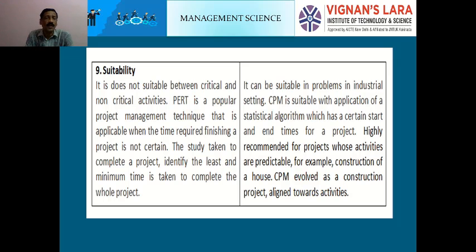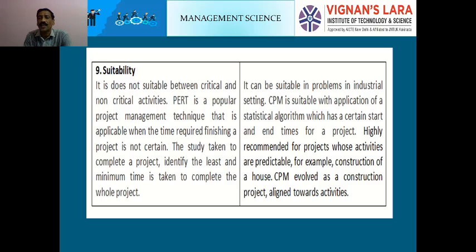That is, it is suitable for the application side, that means the research side, where departments are more innovative and creative. At the same time, CPM is suitable for problems in industrial settings. That means it is suitable for construction, only for buildings and predictable activities and cost nature. That is, it is suitable for problems in industrial settings.